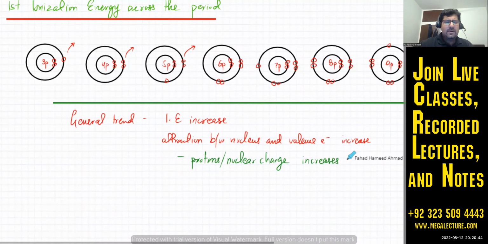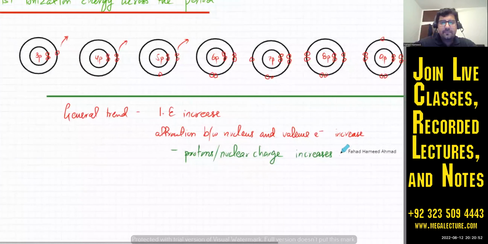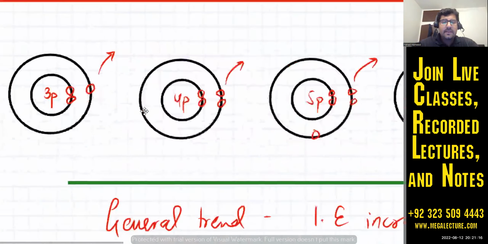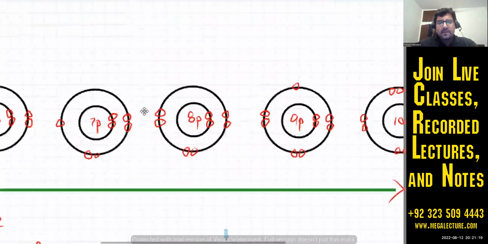What about the other factors? What about shielding? Is there anything happening to shielding? Remember, I'm trying to remove the first electron. Every time I'm removing it from the same shell, so the shielding is exactly the same. If I remove this electron over here, between the nucleus and this outer electron, there are two electrons. There's just one shell coming in the way. The same will happen even if I go further.